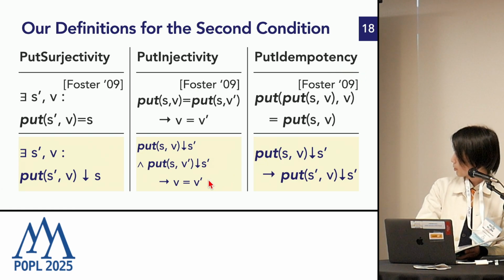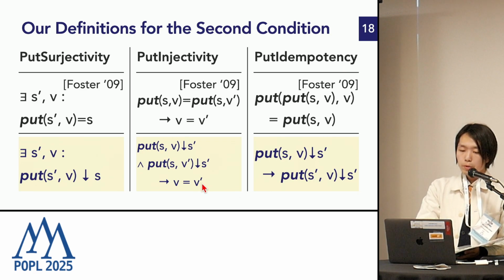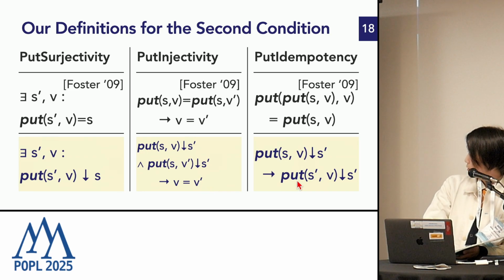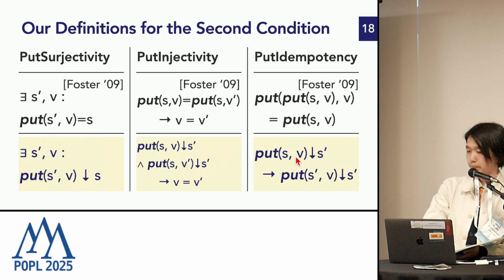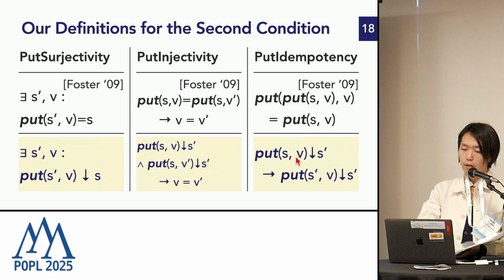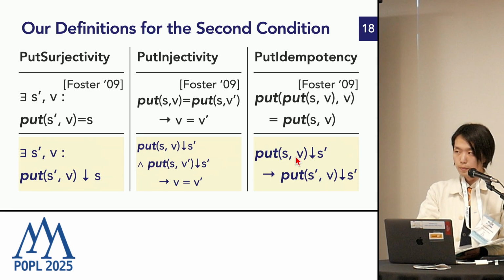Put idempotency indicates that the source remains unchanged no matter how many times the source is successfully updated with the same view. Put idempotency is called put twice in other research. We defined these 5 lens laws for our studies.